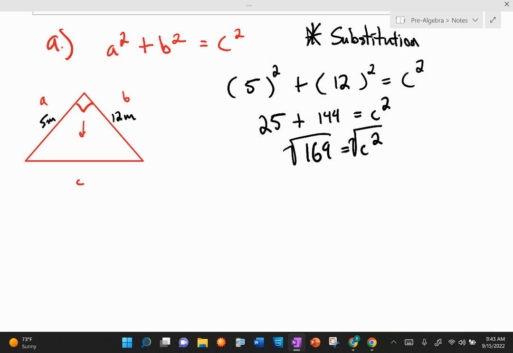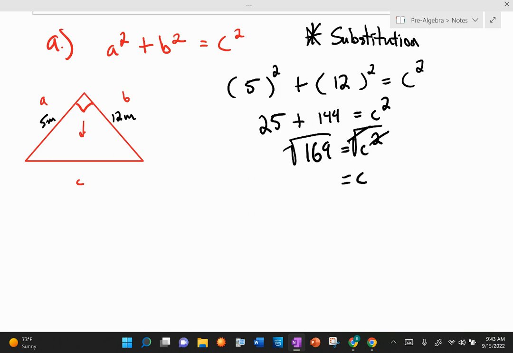What's with c over here on this right side before I drew the radical? The exponent, okay? What is the inverse operation, or the opposite of squaring something? We've talked about this. Square rooting, okay? So we have to take the square root of both sides. When we take the square root of c squared, the radical and the exponent will cancel each other out. Just give us c. Okay?